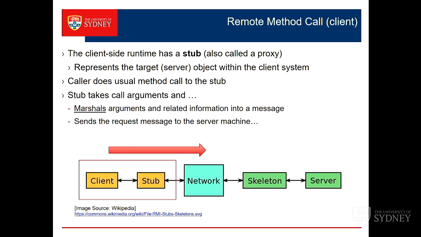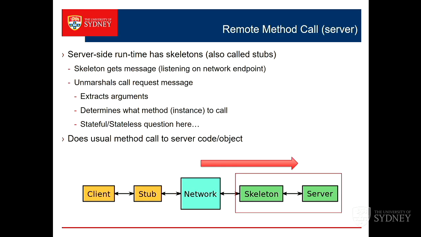So we take our method call, we physically call this, it turns the method call into a message and passes it across the network. That's all cool. That message arrives here on the server side, and it does the opposite.